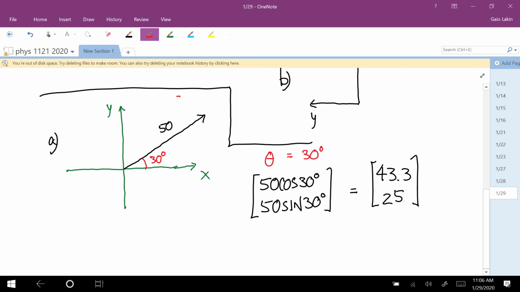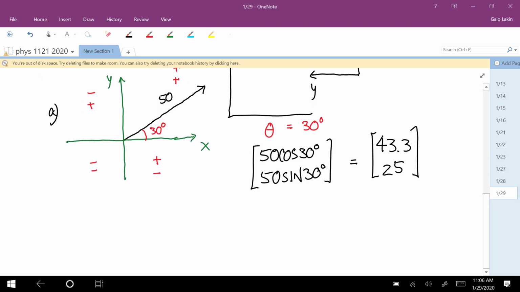So in the first quadrant, you know you're going to have 2 positive components. Second quadrant, negative x, positive y. Third quadrant, 2 negative components. And fourth, positive x, negative y. And just make the right triangle and figure out the legs and then put the signs on.